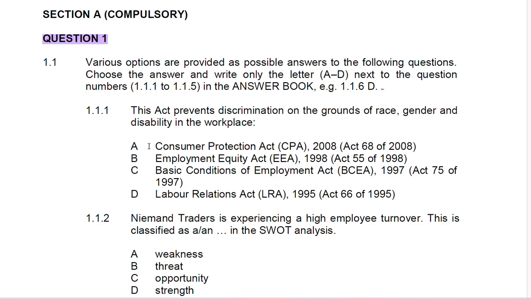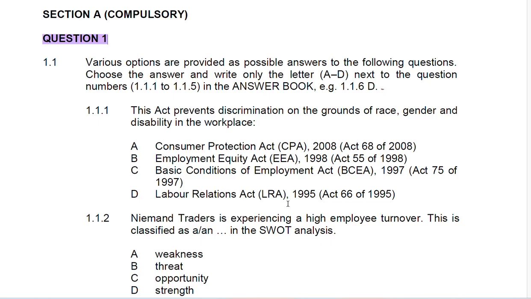A is Consumer Protection Act or CPA 2008, Act 68 of 2008. B is Employment Equity Act, EEA 1998, Act 35 of 1998. C is Basic Conditions of Employment Act, BCEA 1997, Act 75 of 1997. And D, the last one, is Labour Relations Act 1995, Act 66 of 1995.